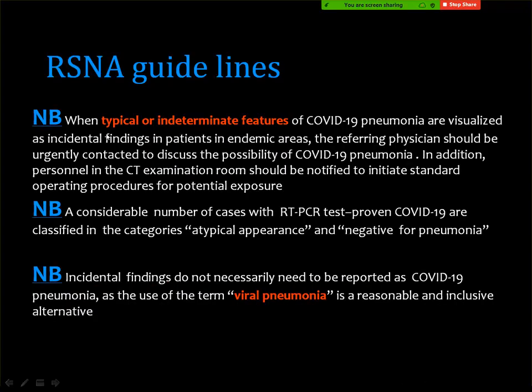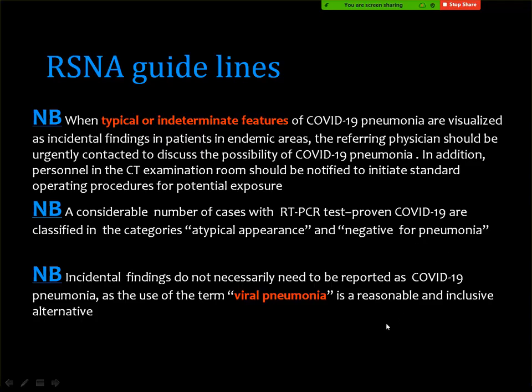Then, if you see typical and indeterminate features, consider COVID-19 and take all the measures for this. And a considerable number of cases with PCR positive for COVID-19 are classified in the category of atypical or negative pneumonia.